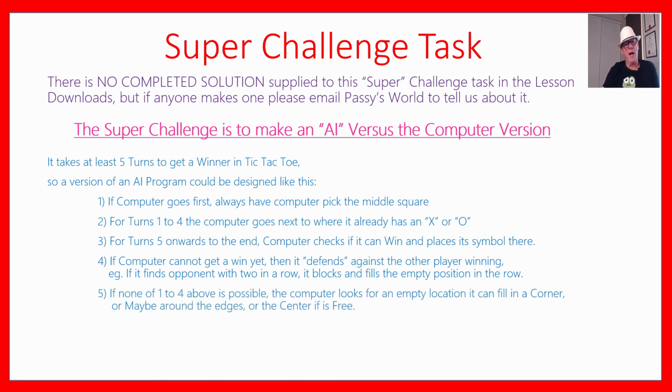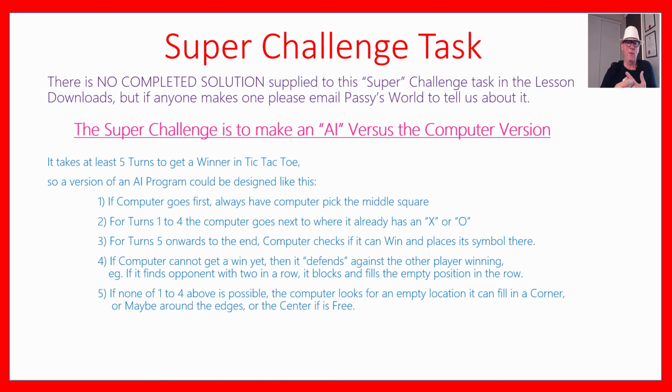And then if nothing is happening, so if you can't win, and your opponent can't beat you on the next turn, the strategy is to go around the edges, and try to pick up any of the corners, the strategic locations, to have your symbol. So pick one of the corners that's available and get your symbol in there.